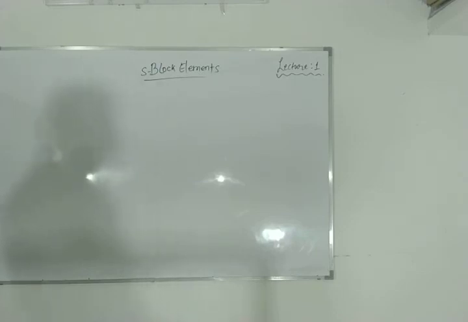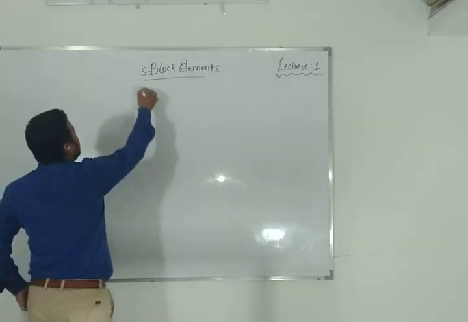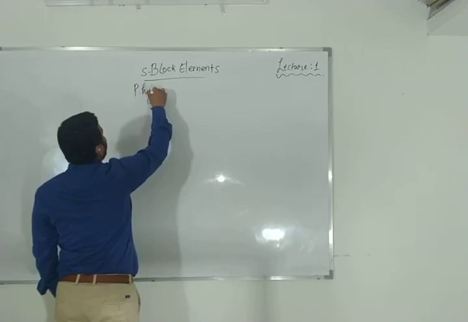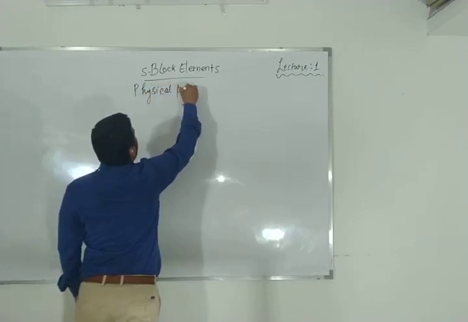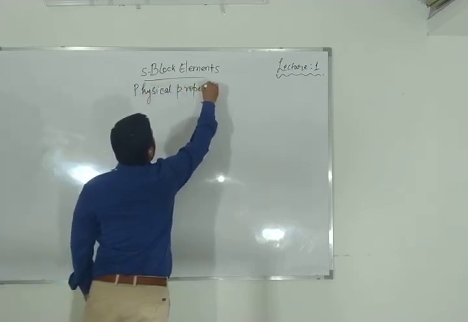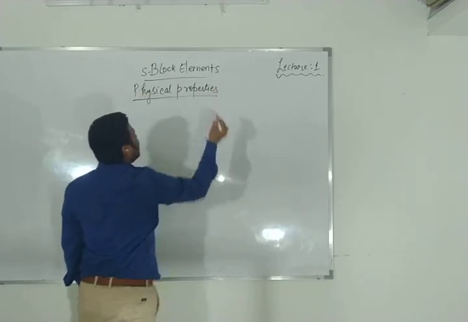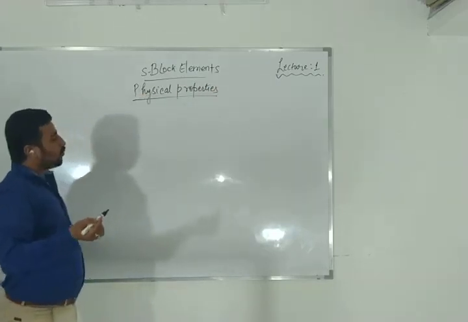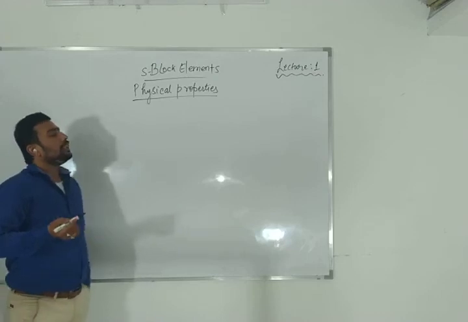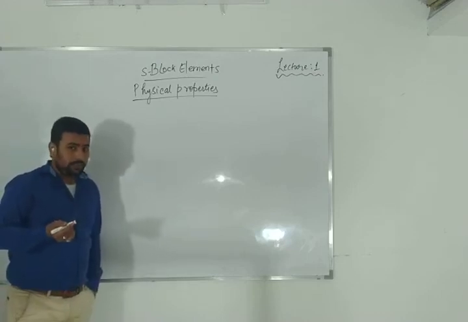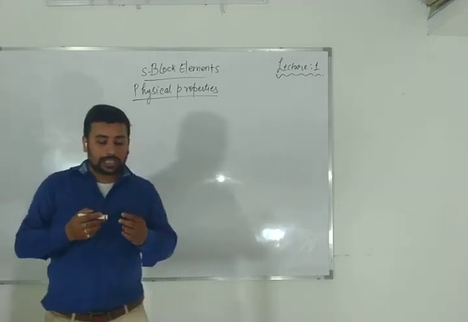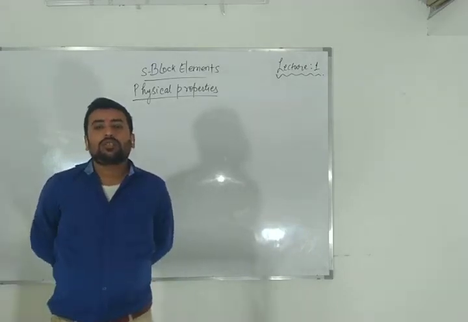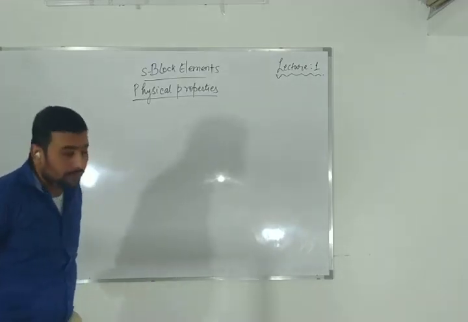So dear student, first of all, in the physical properties, flame test. First physical property was flame test. Flame test, why flame test? Because they are having the last electrons, means valence electron is 1. So from lithium to cesium, if you want to confirm which ion is present in that salt, so by the flame photometry also you can confirm.